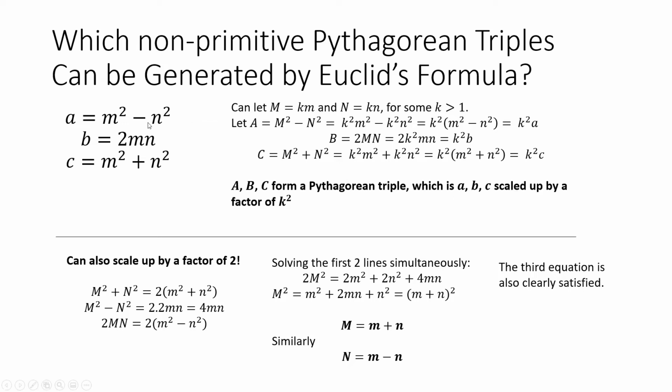If I increase m and n each by a factor of k, I increase a, b and c all by a factor of k squared. So I can scale up, certainly, any primitive Pythagorean triple by a factor of any square number I like, and regenerate it just by scaling up my m and n values each by a factor of k.